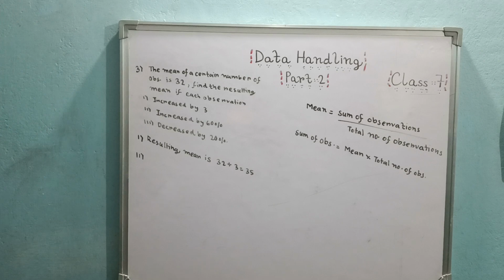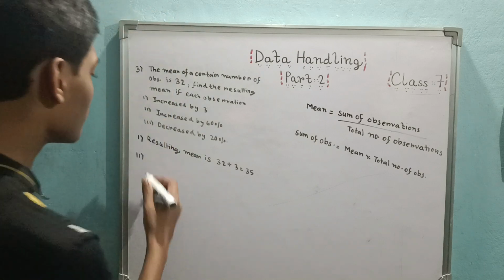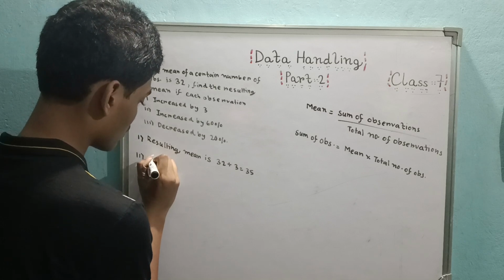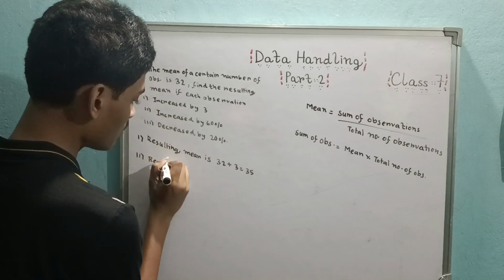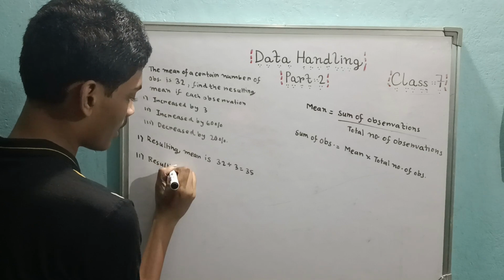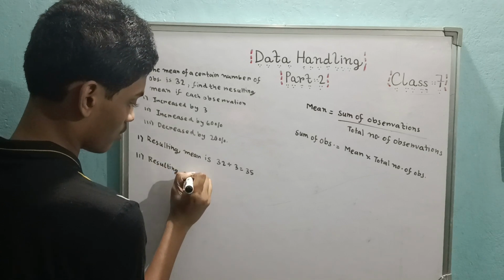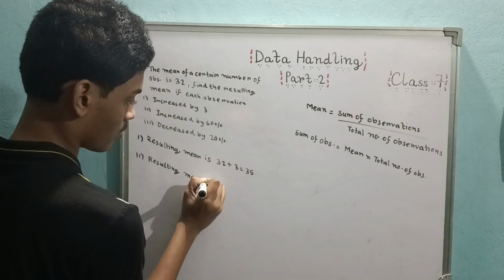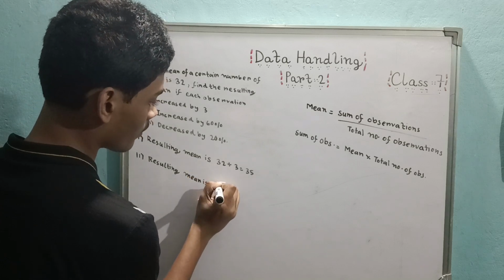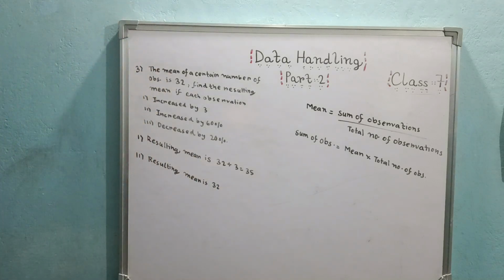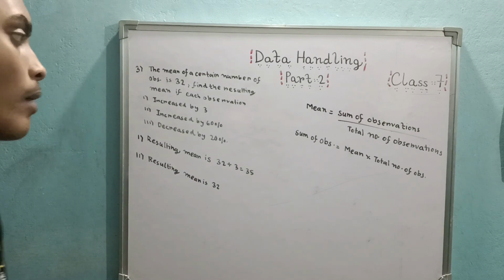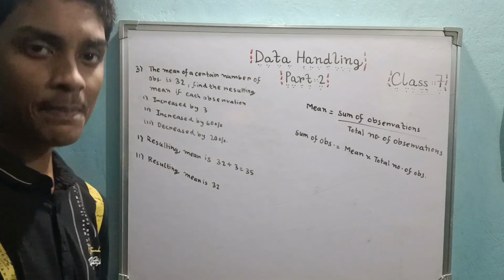If each observation is increased by 60%, then the original mean will also be increased by 60% to get the resultant mean. See, a concept can make your answer one line. So the mean 32 is increased by 60%. You know how to increase a number, I hope. X increased by y% equals x plus y% of x.